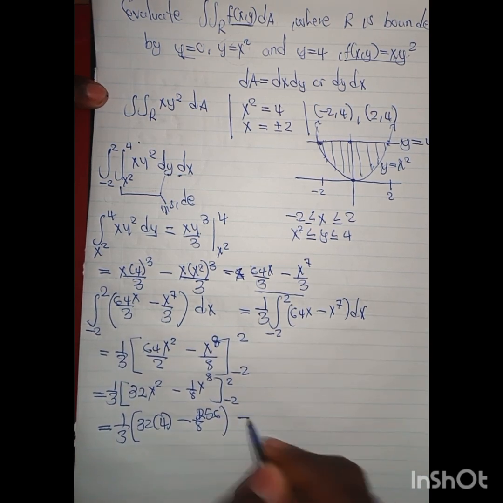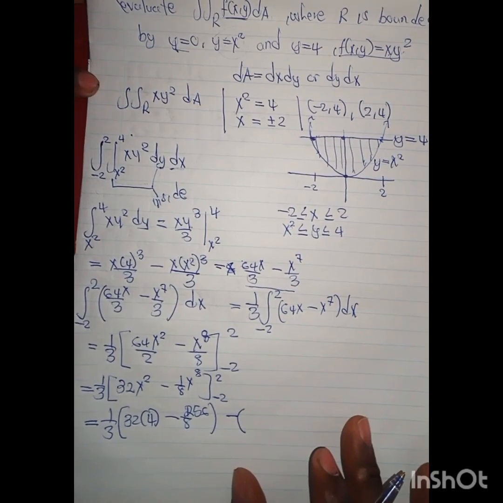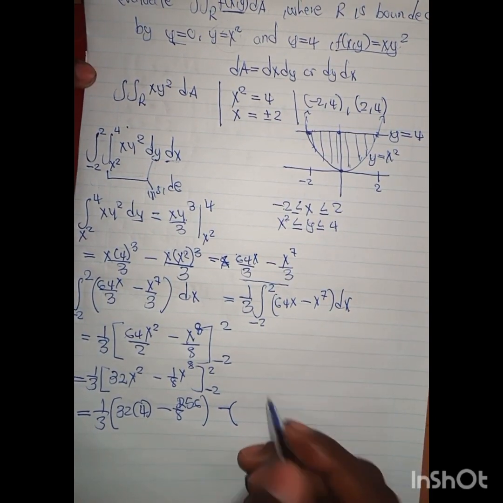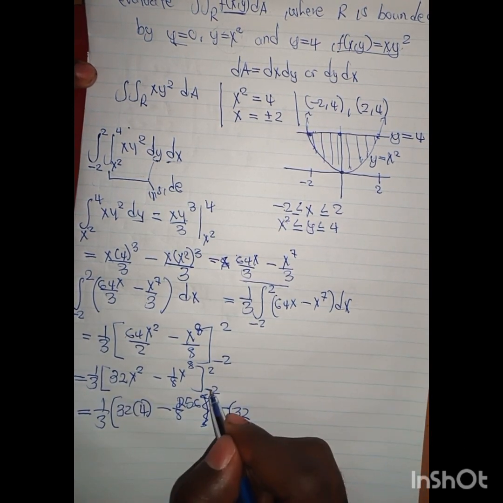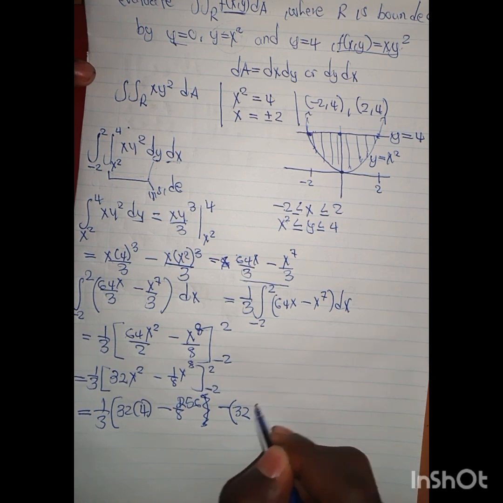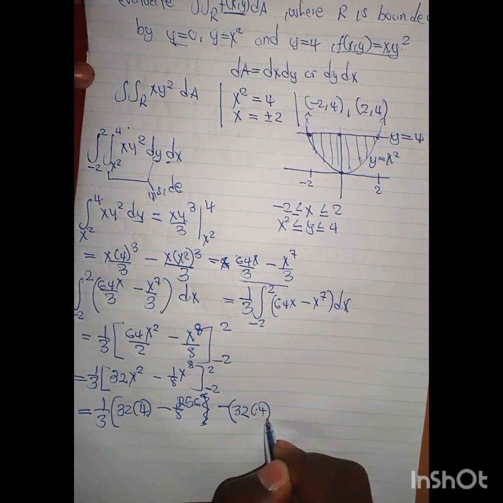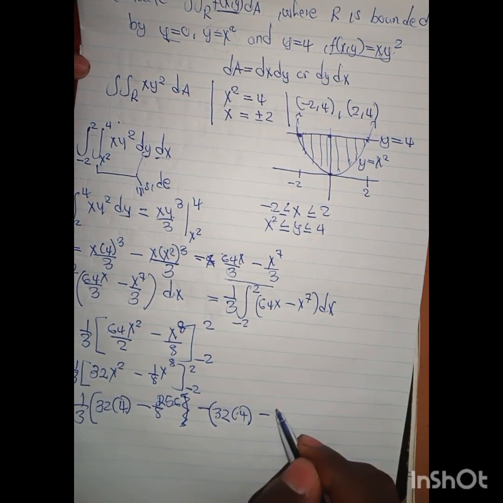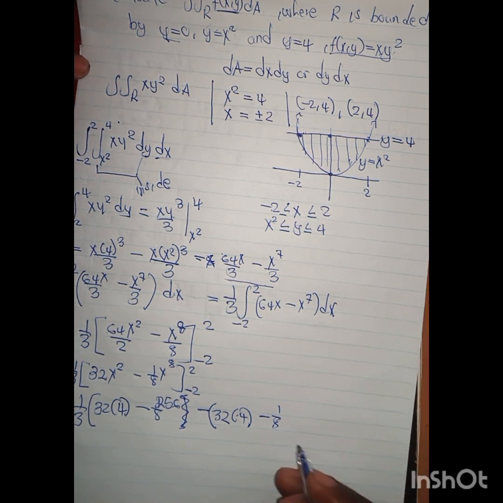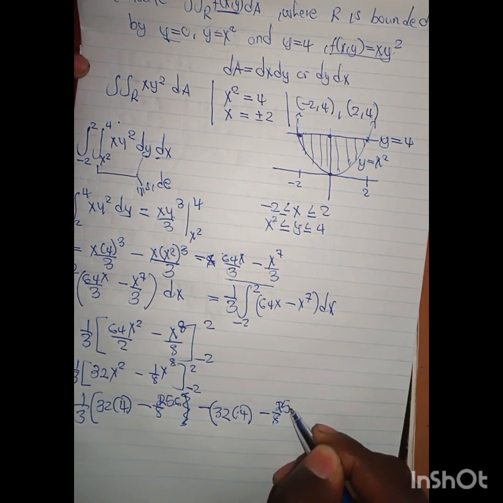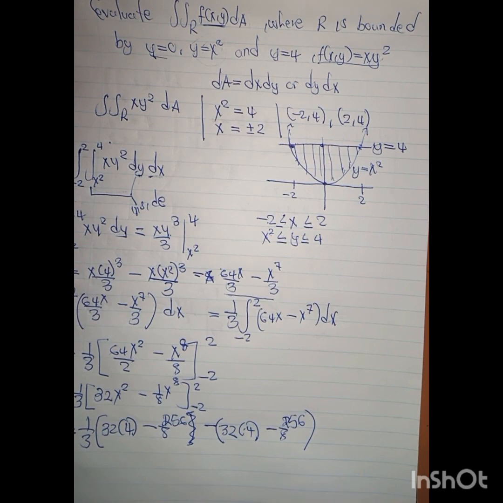And then minus the lower limit. So the lower limit is 32. Instead of positive x, I'll have negative 2. So negative 2 squared is 4, and then minus 1 over 8, then negative 2 to the 8th, which is positive 256, like this.